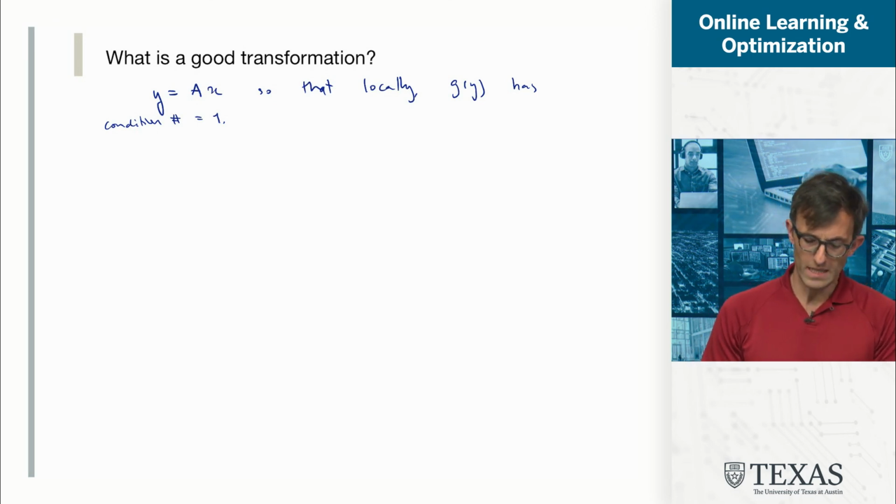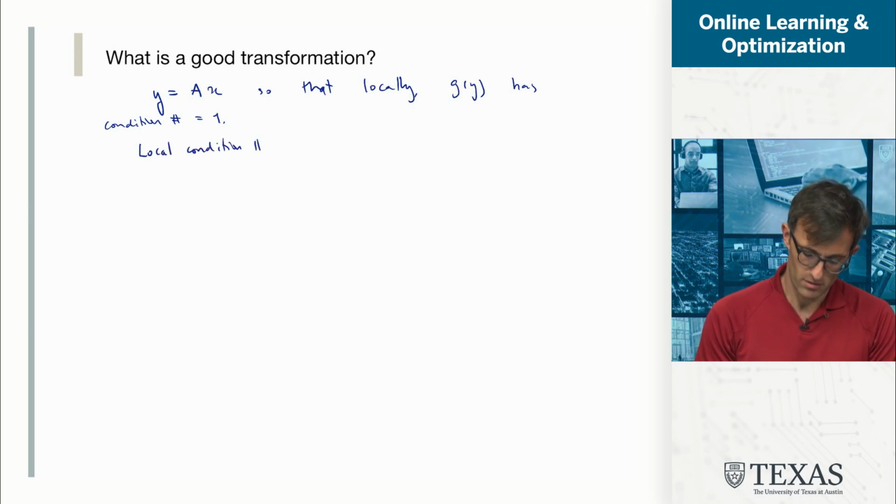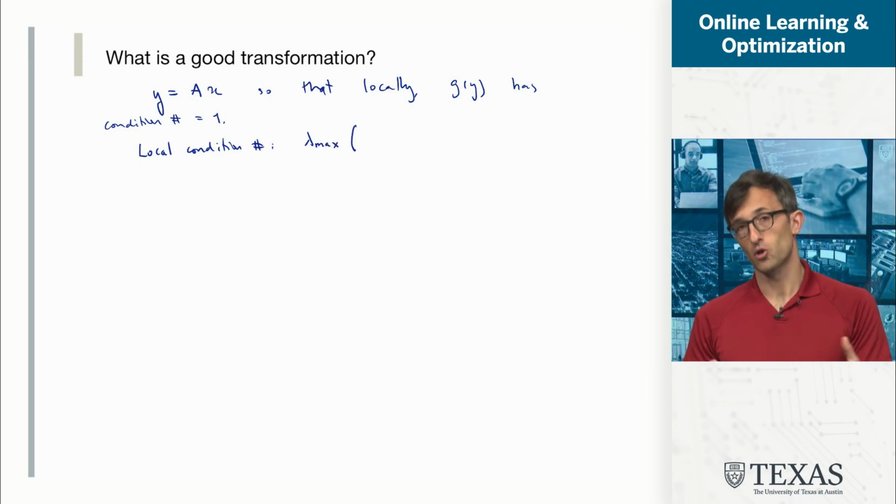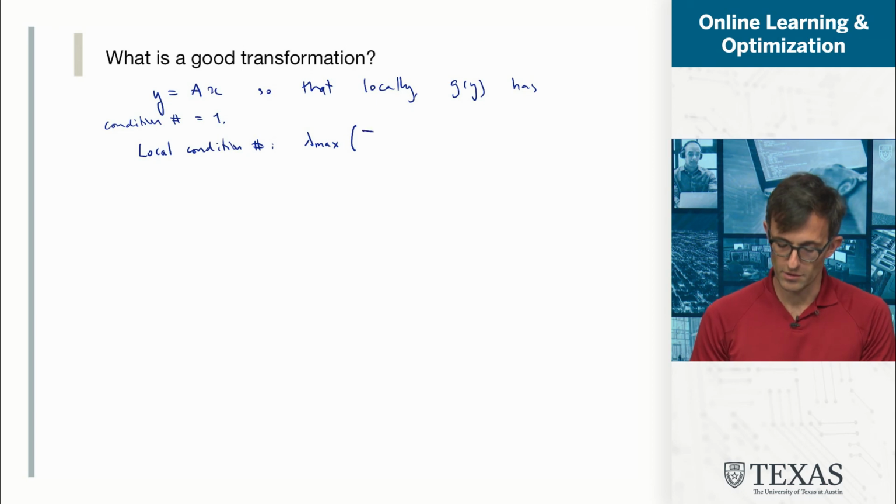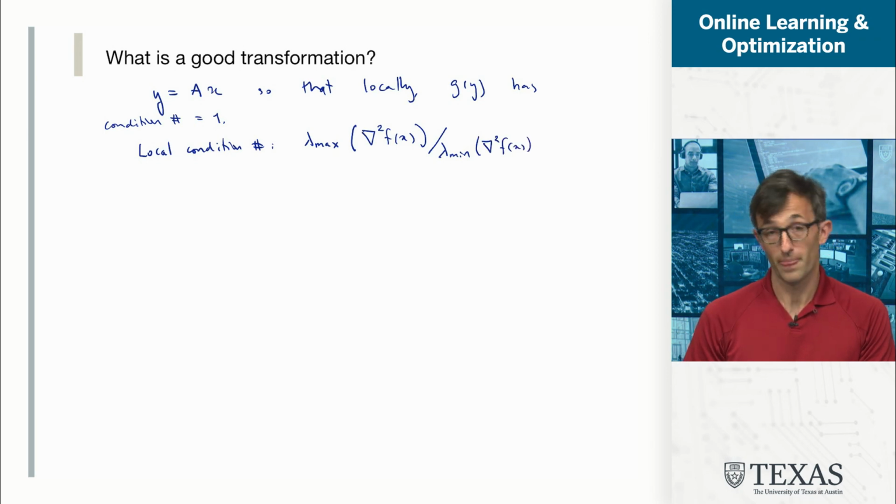So what we learned from a quadratic is that the local condition number is the largest eigenvalue of the matrix that defines the curvature, that's exactly equal to the Hessian, divided by the smallest eigenvalue of the matrix that defines our curvature, which is the Hessian.